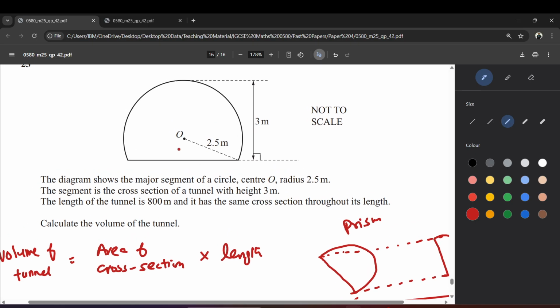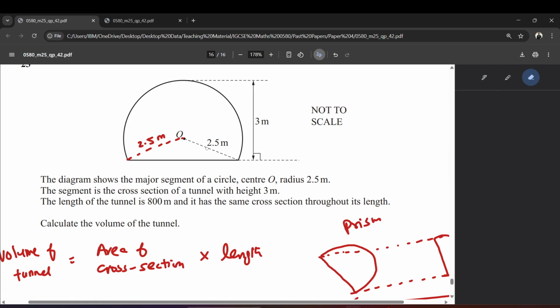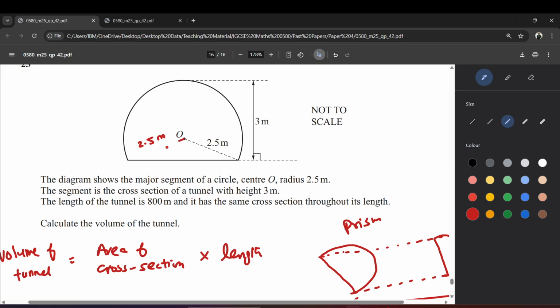So let's see. We know that the radius is 2.5 meters. That means if I draw a line over here, that is 2.5 meters.